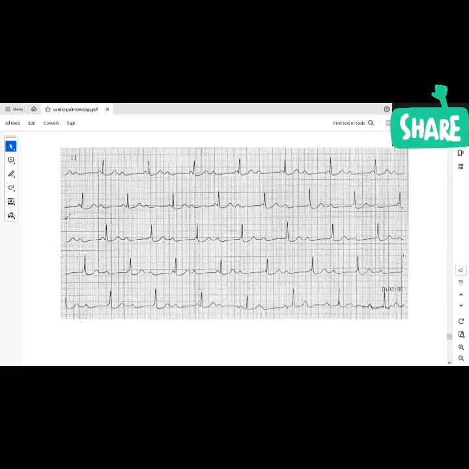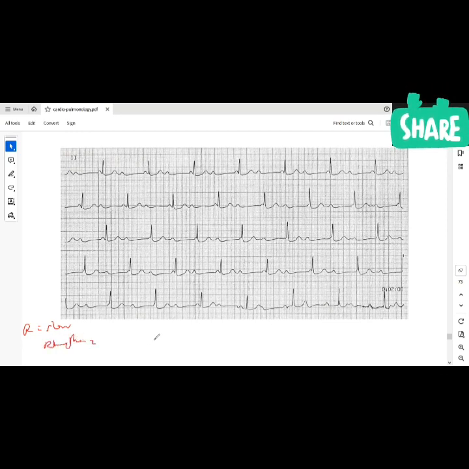Look at this ECG that we have here. Let's use the lead at the bottom, the long lead. Actually, we can use any part of it. We can use the first line as well. So if you look at this one, first of all, let's start with rate. The rate is pretty slow, right? Can you see that? This is slow for sure. What about the rhythm?